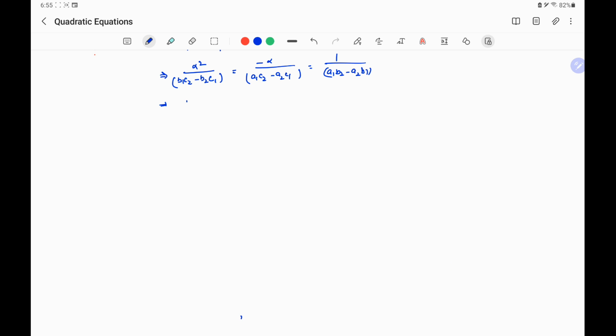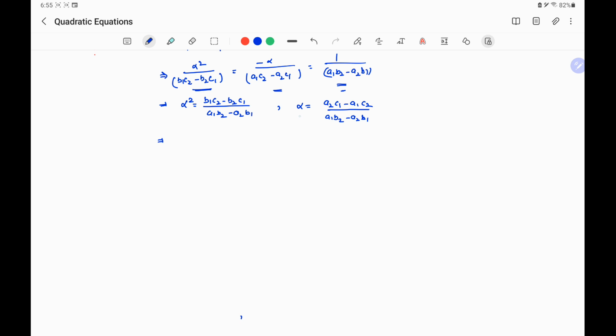So this implies that alpha square is equal to b1 c2 minus b2 c1 divided by a1 b2 minus a2 b1 using the first and the third term. Similarly, using the second and the third term, we will have alpha is equal to a2 c1 minus a1 c2 divided by a1 b2 minus a2 b1 after adjusting the minus.